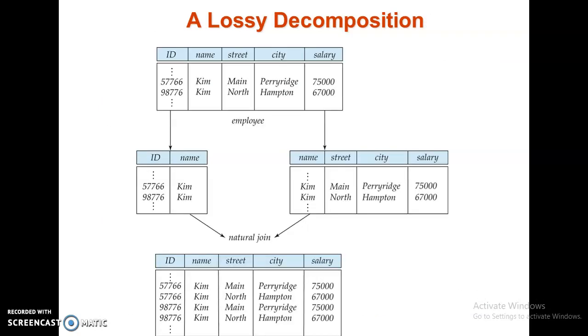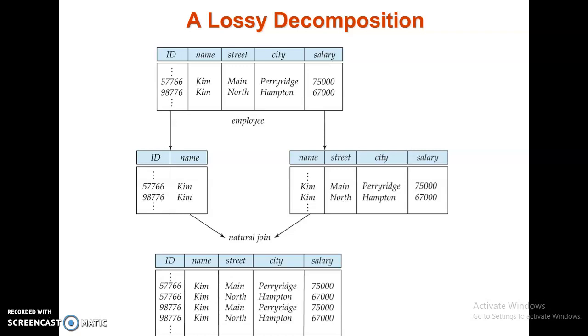When you try to decompose any relation, it has to follow two properties. One, dependency preservation. The other one is lossless join decomposition. And let's see what this dependency preservation decomposition is. Once you have identified that there is an FD that exists between the attributes, ensure that the FDs must be preserved.